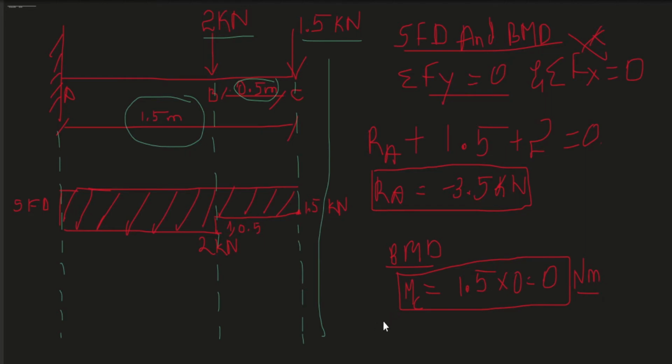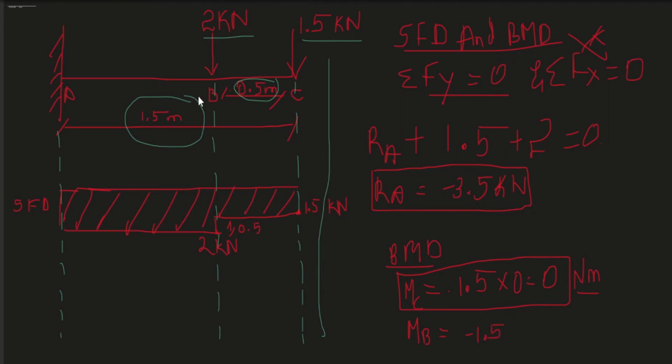Okay, and now I am going to find the bending moment at B. Bending moment at B is the sum of the bending moments from the forces at C and B. So I'm going to add minus 1.5.